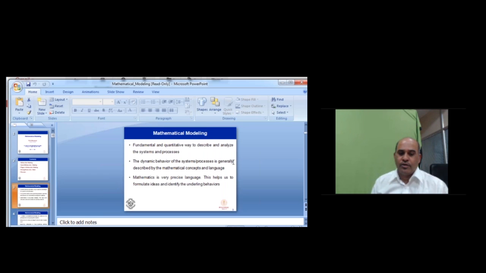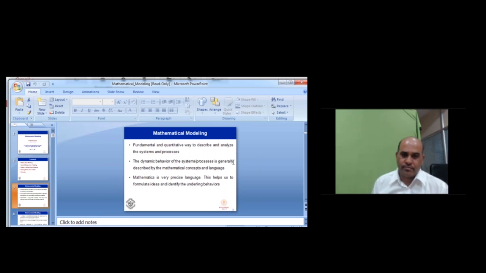So we develop some mathematical representation of the actual system, and when you simulate that representation, it will give you exactly how your actual system will function.